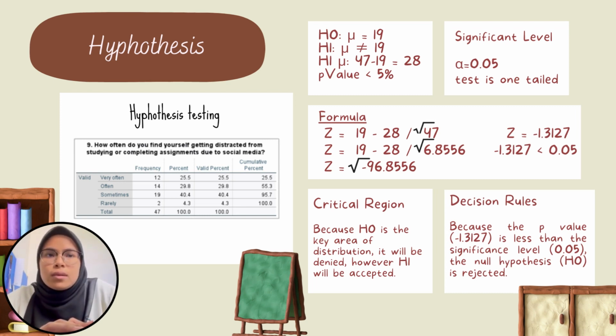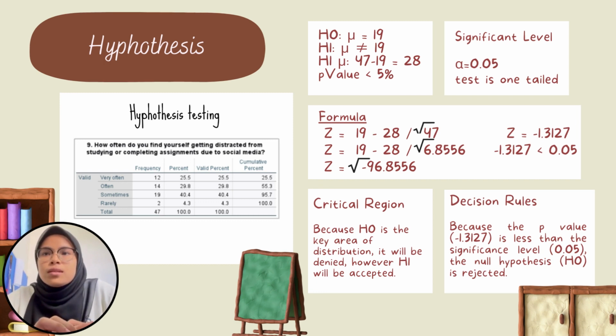After 19 minus 28, it will be negative 9 divided by 6.8556, and the final total is negative 1.3127. The significance level that we choose is 0.05, and the test is one-tailed.